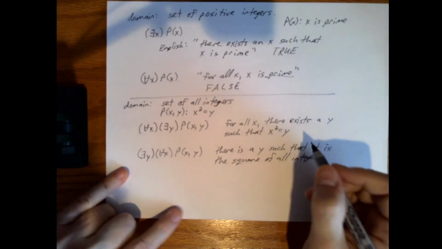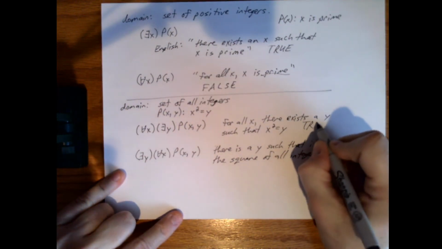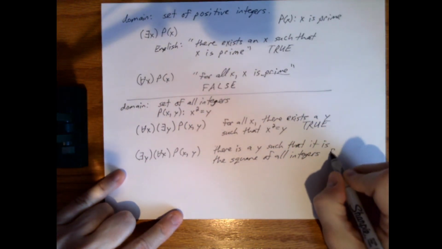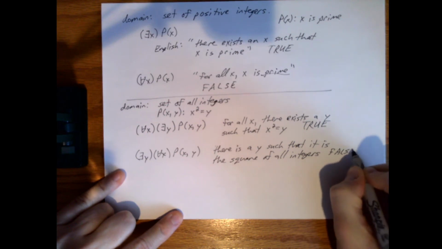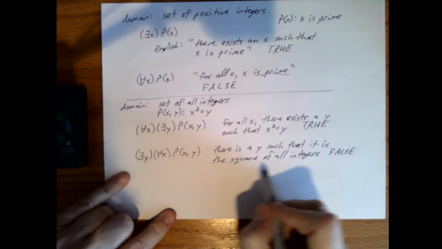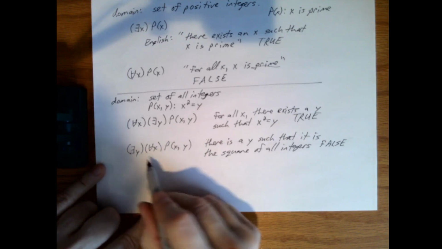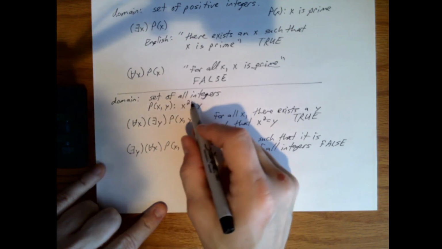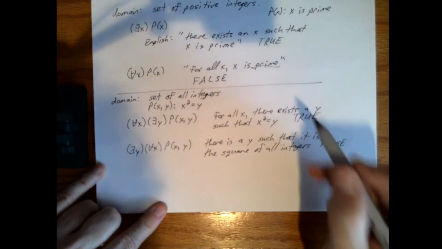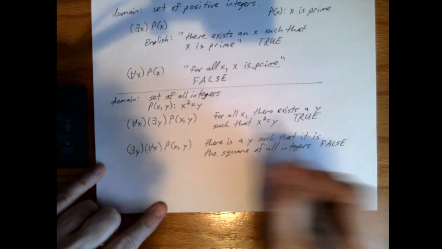Well, that's a different thing, and it's also false, so this was true. This is false. It's claiming that there's some integer that you can pick, and it will end up being the square of every other integer. Well, that clearly can't be true.